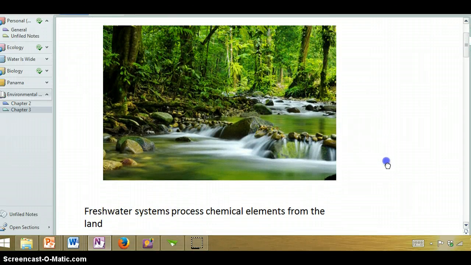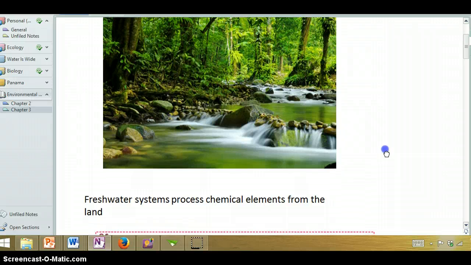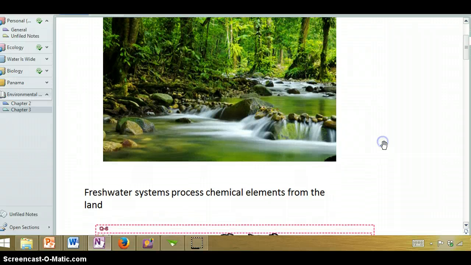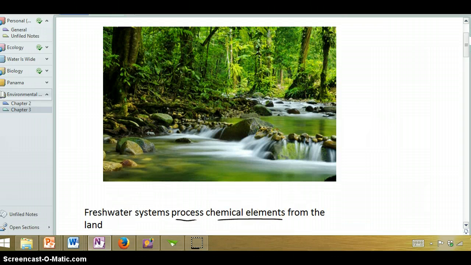And so one way we can think about freshwater systems is that one thing they do is process the chemical elements from the land. So what do we mean by that? The water falls on the land, it falls through the vegetation into the ground. Some of it will flow over the ground, some of it will get into the ground.